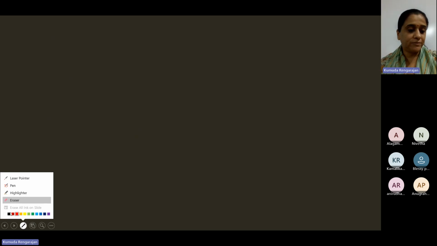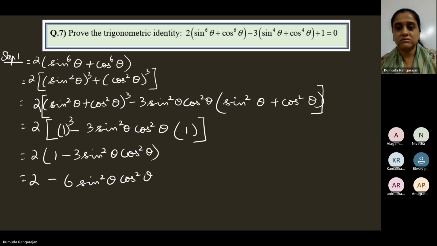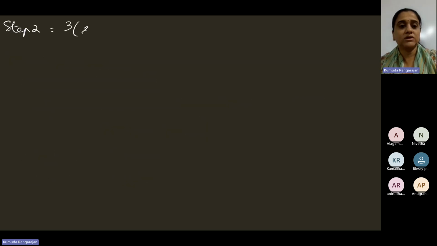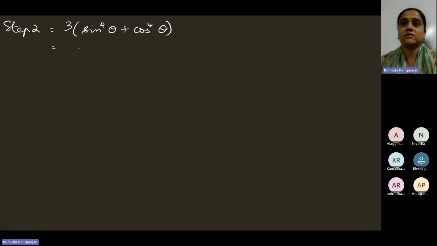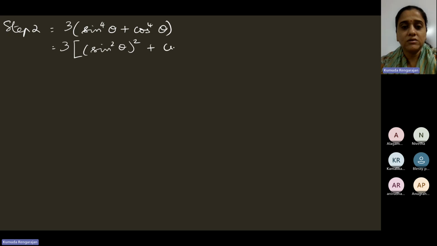So 3 into step 2. We'll call this step 2. What is that? 3 into sine theta to the power 4 plus cos theta to the power 4. All right. Yeah. So 3 into sine square theta the whole square plus cos square theta the whole square.